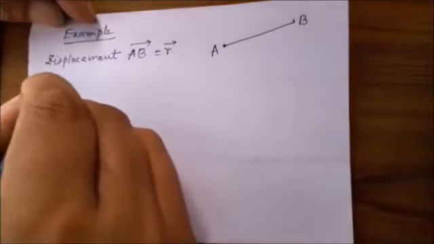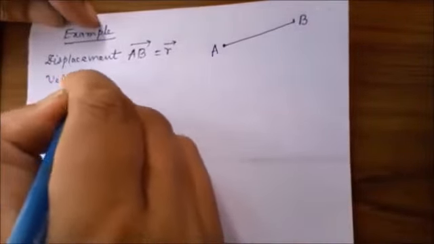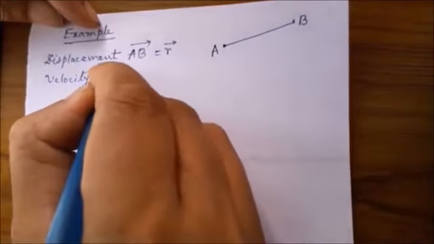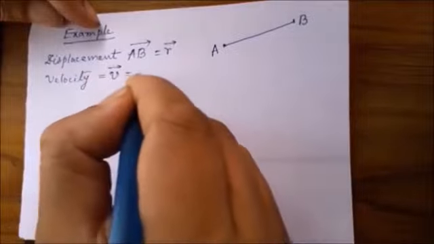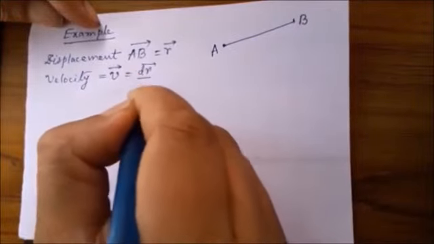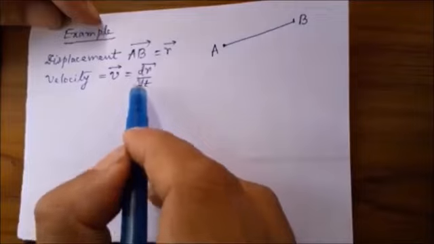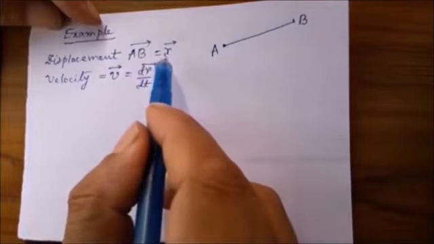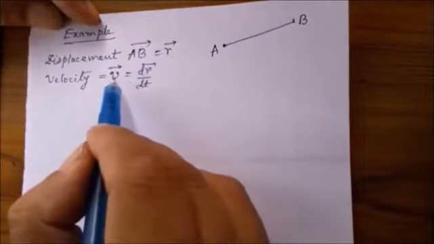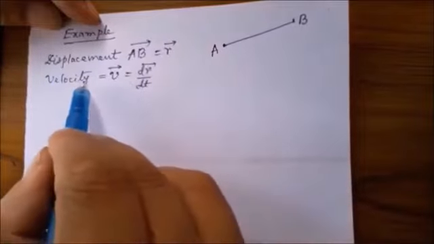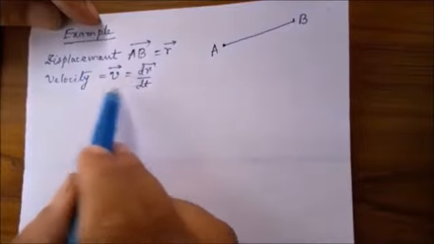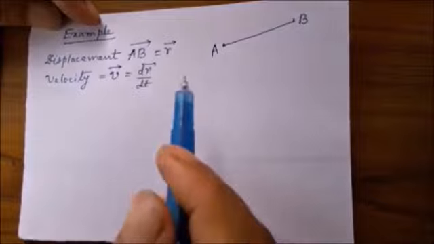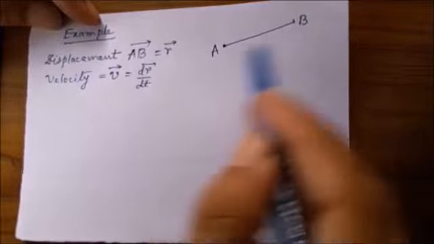Again, velocity is the rate of change of displacement. So velocity, which we denote by vector V, is vector dr dt. d/dt is a scalar operator and vector r is a vector which is called displacement, and dr dt gives us velocity. This also is a vector because it has two parts. One is the magnitude part, the speed part, and the other one is the direction part.